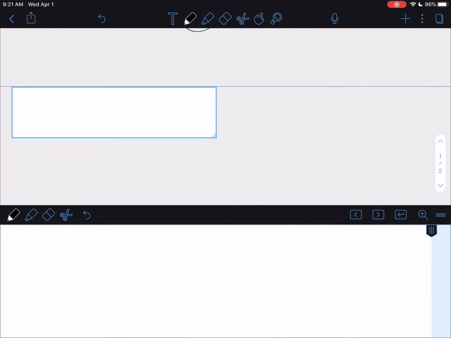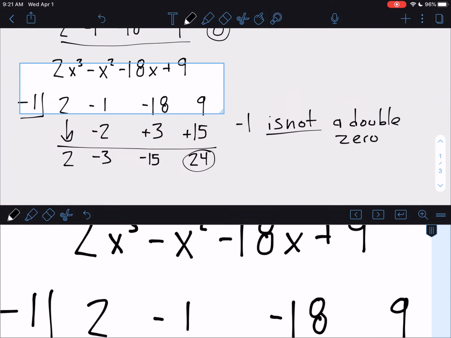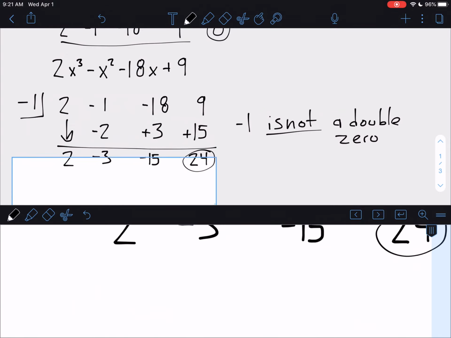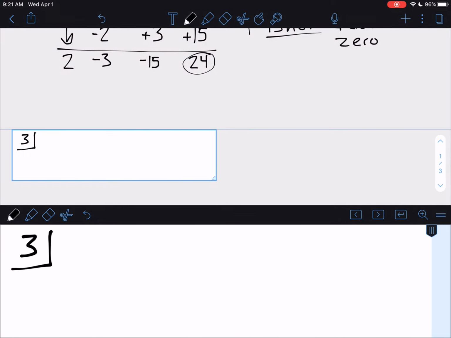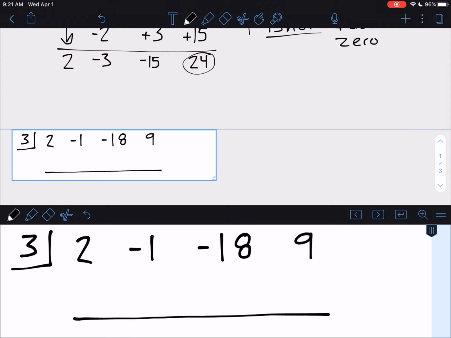So if it's not a 0 of the first polynomial, it's not going to be a 0 of the second polynomial either. So I'm not going to go back to numbers that I've already tested. I'm just going to keep going to numbers that I haven't tested yet. So yeah, my next number that I haven't tested is 3, and I set it up here.